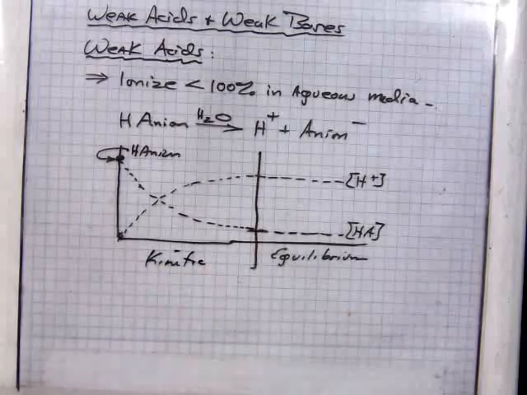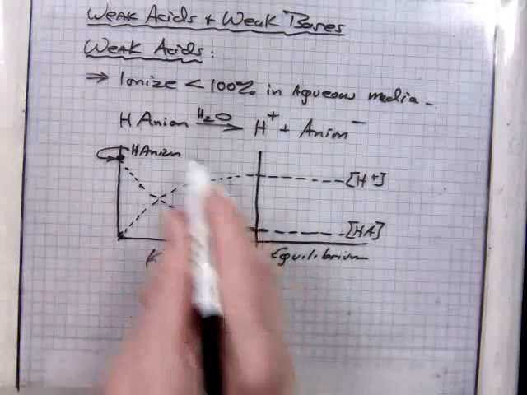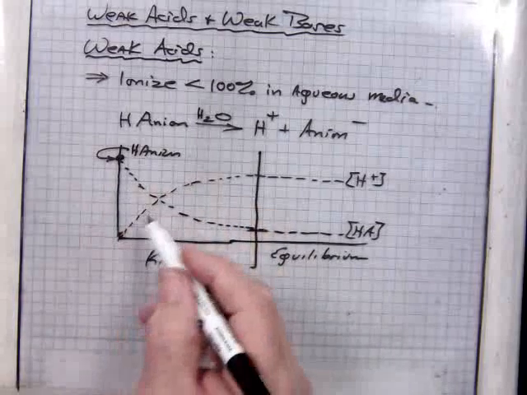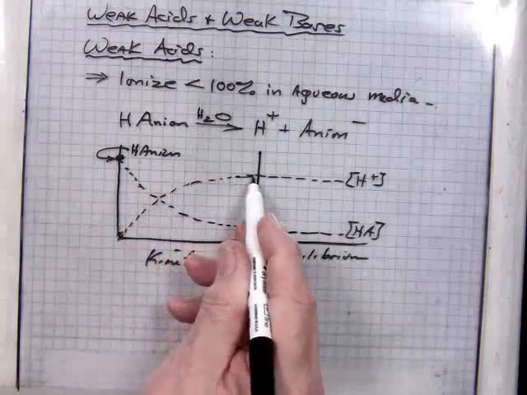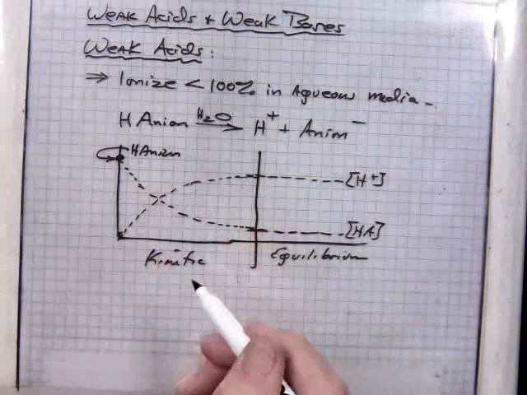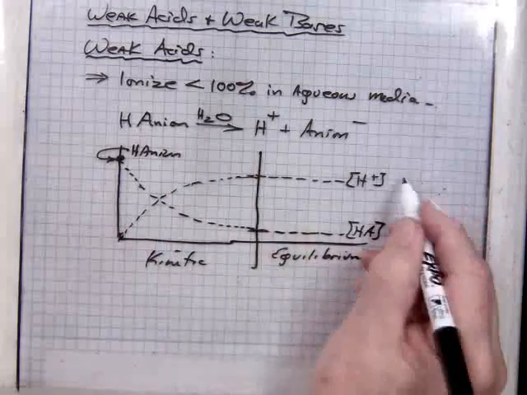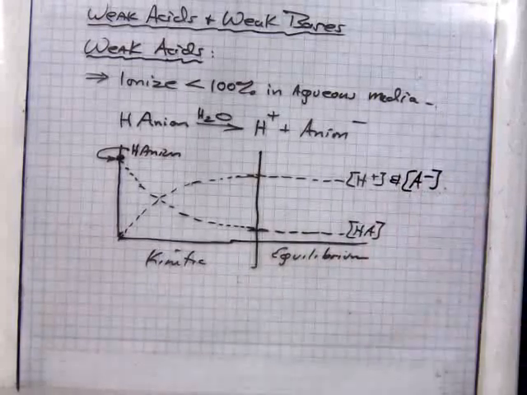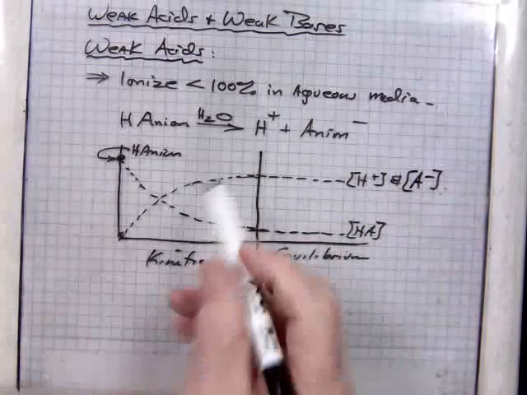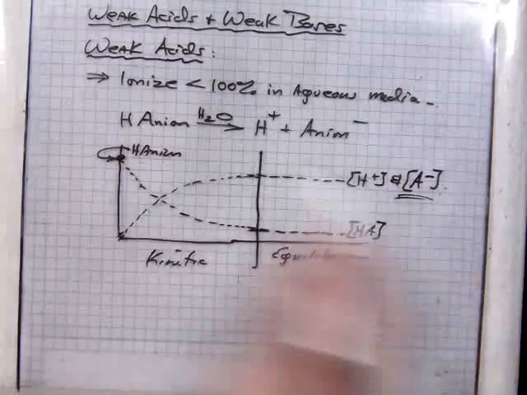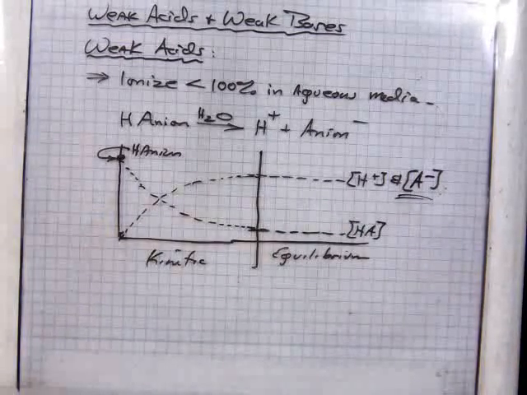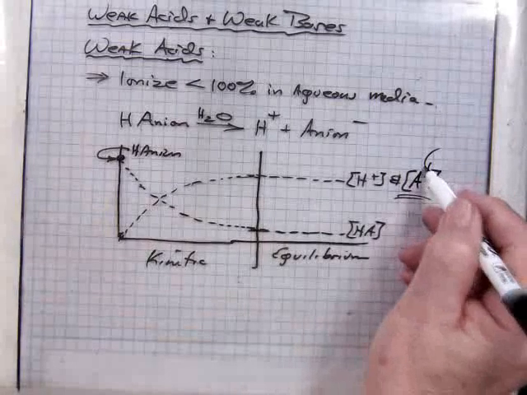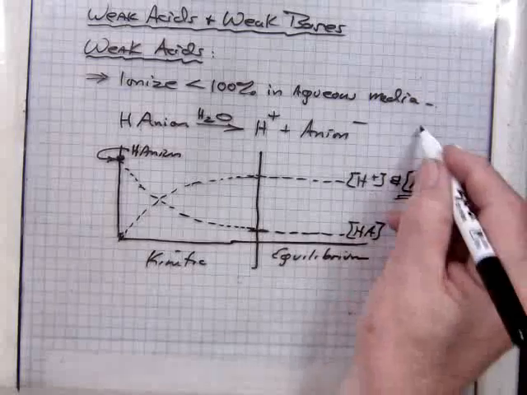Now, what I want to say in here is what's happening in the kinetic region is that you have a steady increase of hydronium ions and anions. I might as well put that one in because it is a big player. Well, as the anion concentration increases to a point, it's such a strong negative charge, it starts re-attracting the hydrogen.